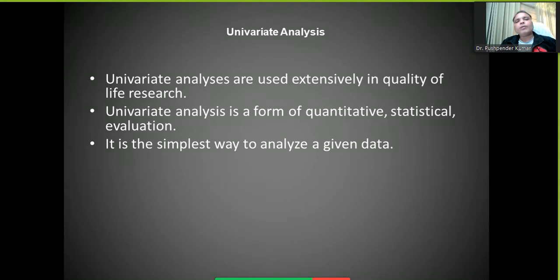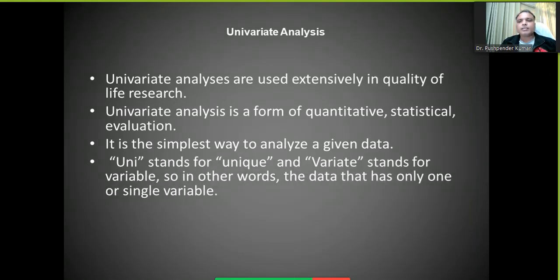This is one kind of data you are collecting from the respondents. Now here you want to check how many got more than 60%, how many secured between 50 to 60%, right? So on one kind of data you are using all statistical tools and techniques. That's why it is the simplest way to analyze a given data.